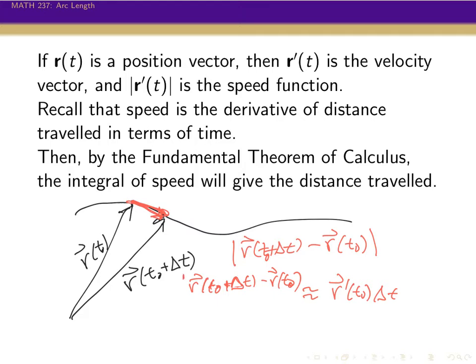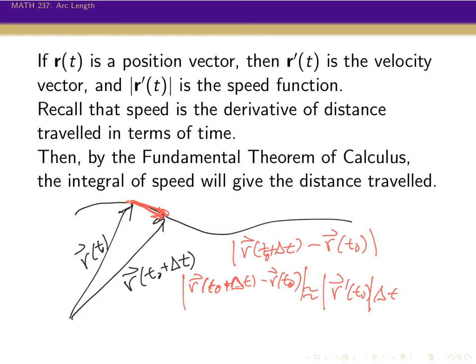When I take the magnitudes, delta t is just a scalar, a real number, so I can pull it out. The magnitude of r prime of t times delta t gives me about the distance between the two points, and that's about the arc length.